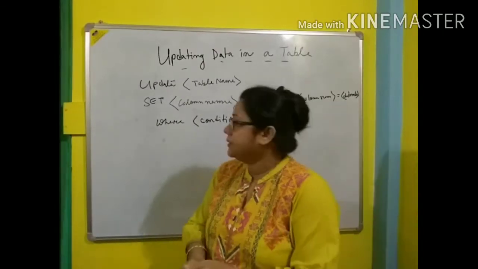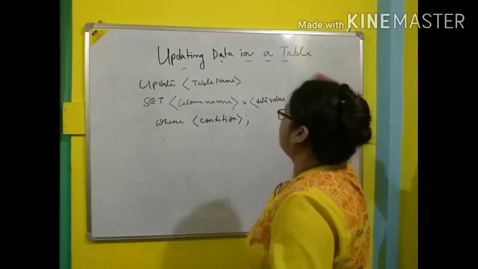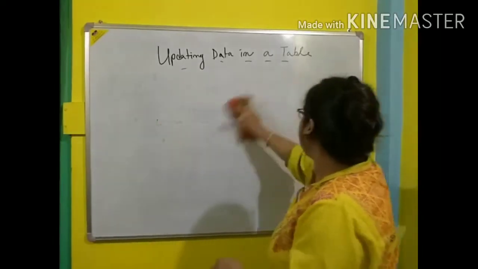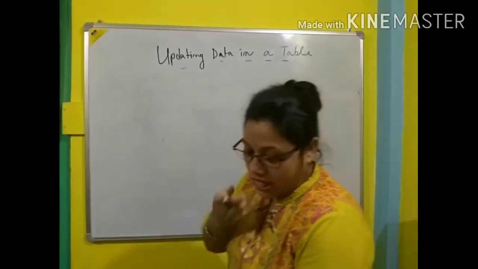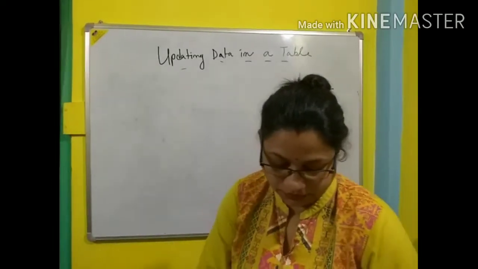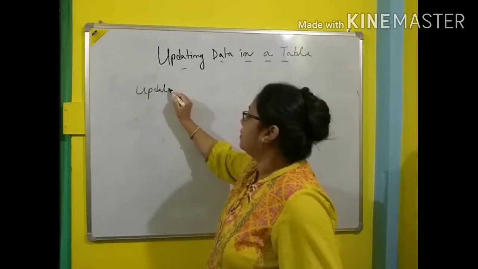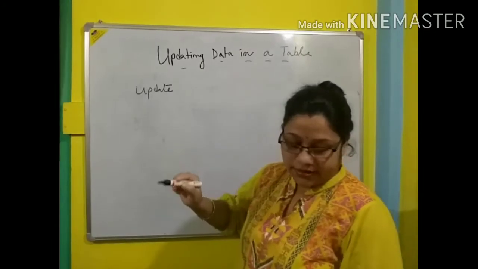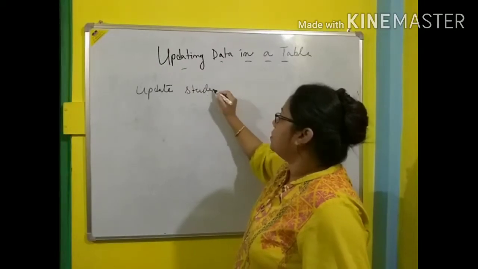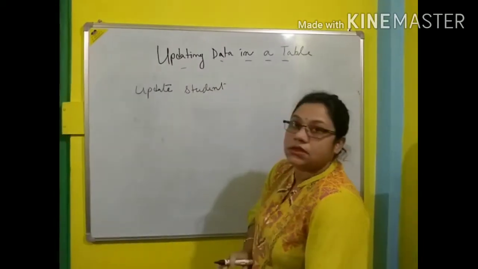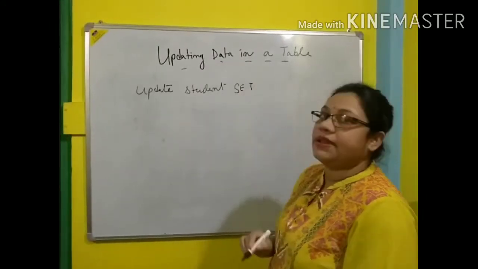From your book, there is an example. The example is: update student. That means update table name. My table name from your book is student. After that you write set, give the column name.